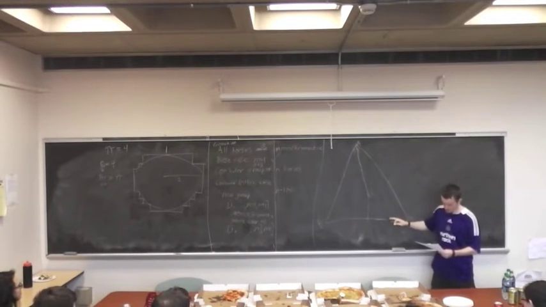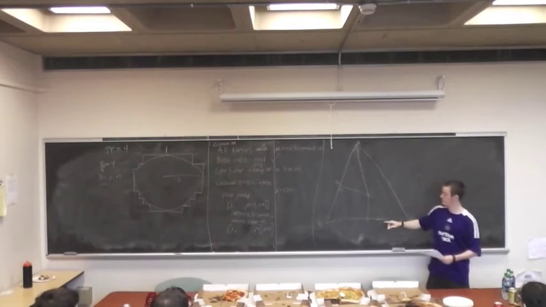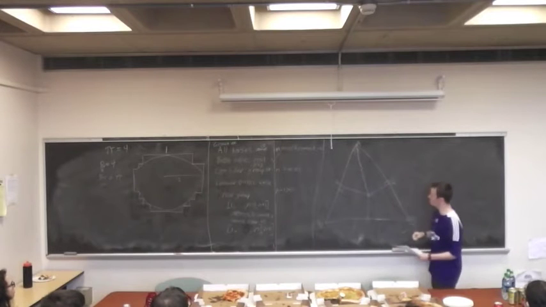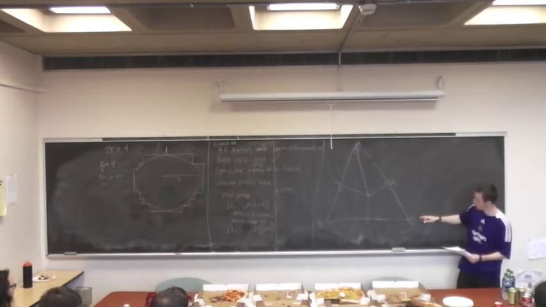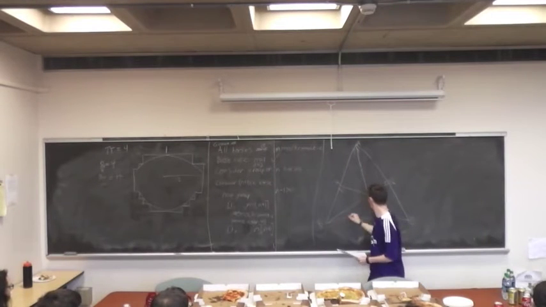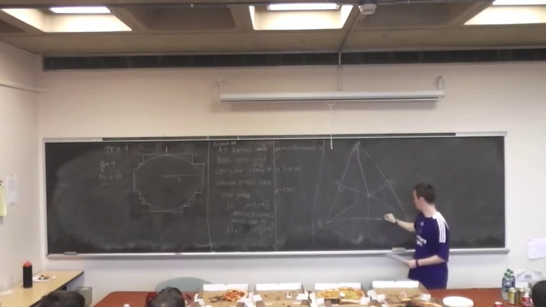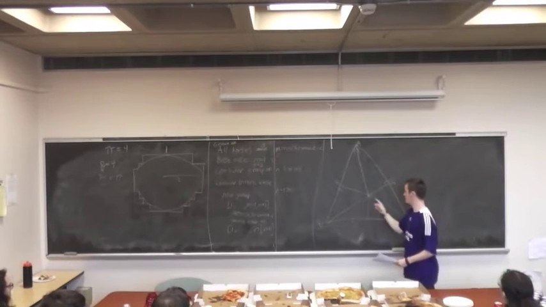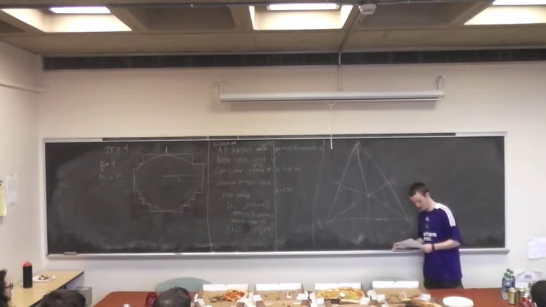Now, we're going to draw OR, which is perpendicular to AB, and OQ, which is perpendicular to AC. We'll also draw OB and OC. Now, this was the perpendicular bisector, so those two sides are the same length, and that'll make OB and OC the same length as well.